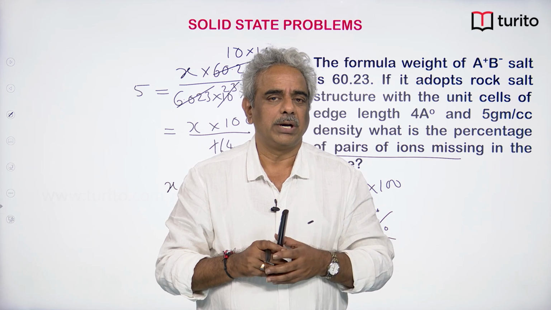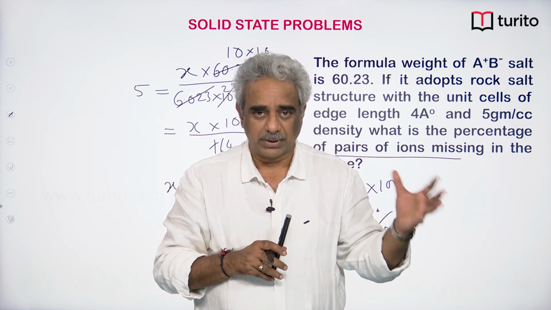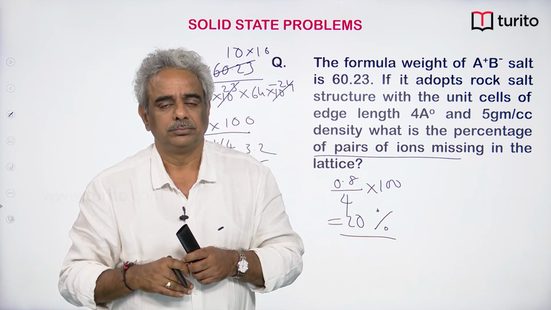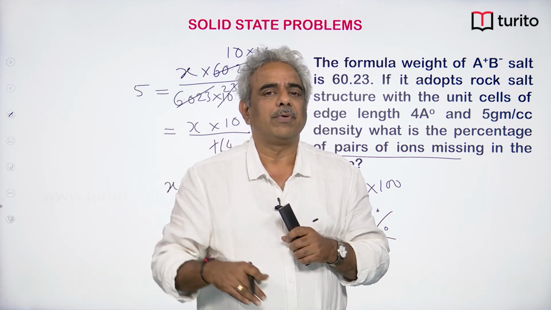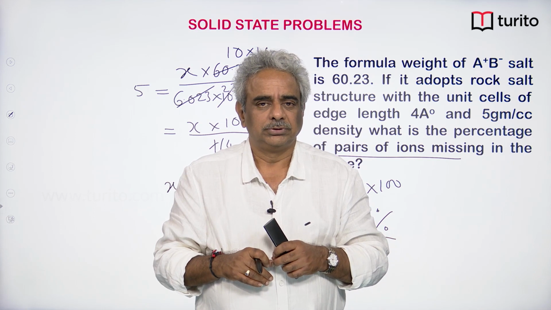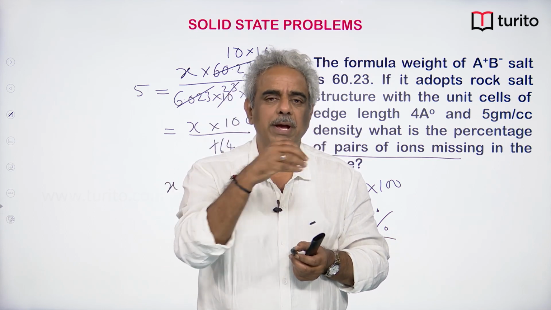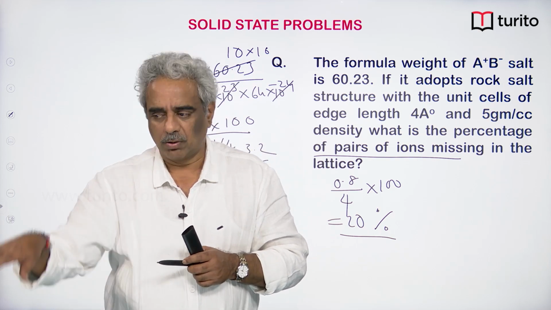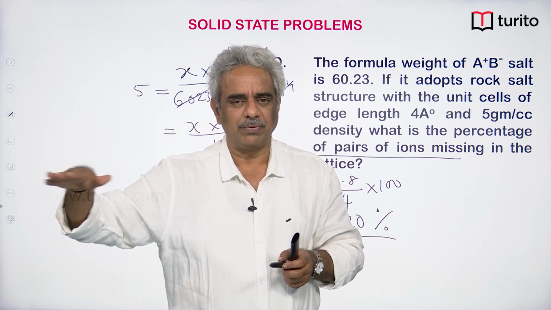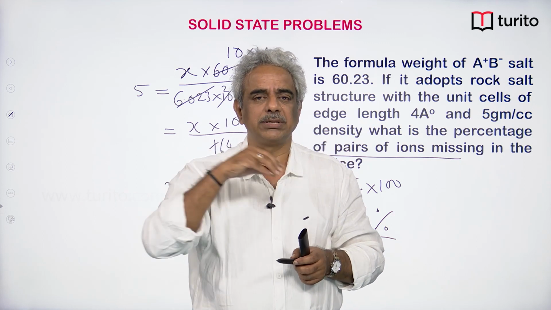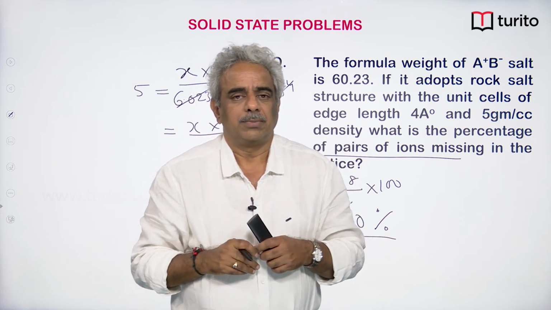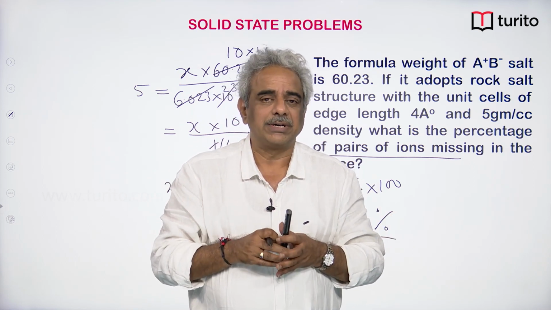Every time the defects need not be of the same type. Sometimes some planes will not be formed, sometimes one line of ions will be missing, sometimes only some ions will be missing from lattice points. So, we have got plane defects, 3-dimensional defects, 2-dimensional defects, sometimes point defects, and sometimes interstitial space defects.